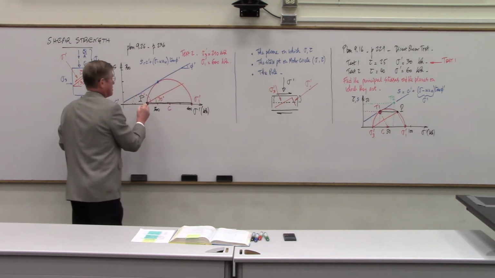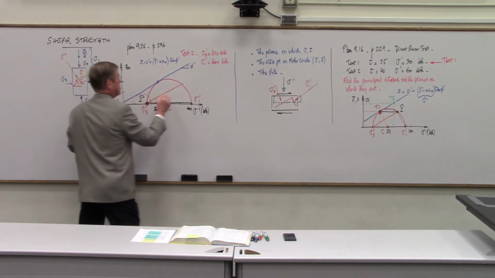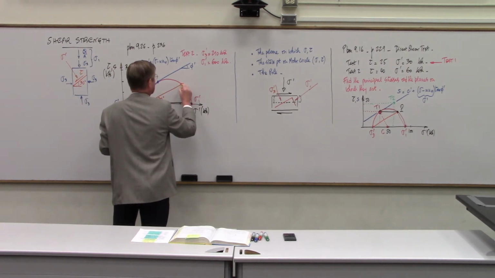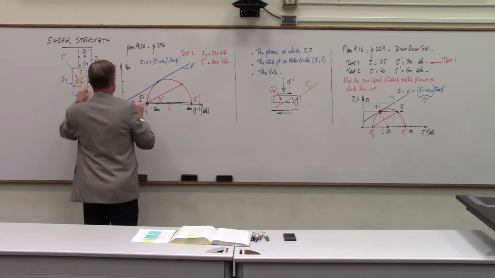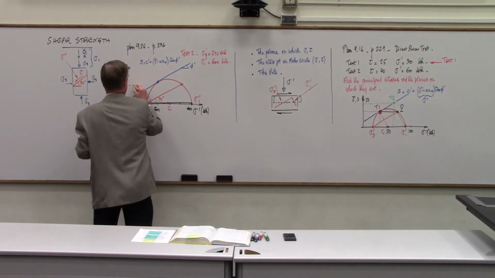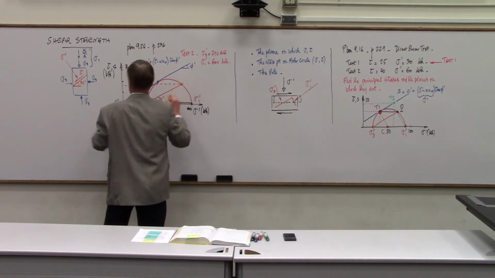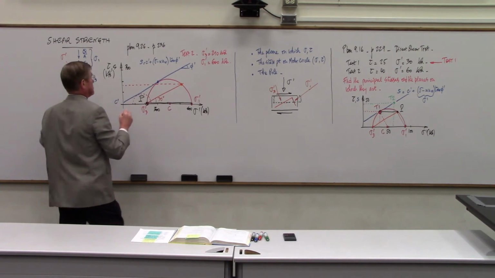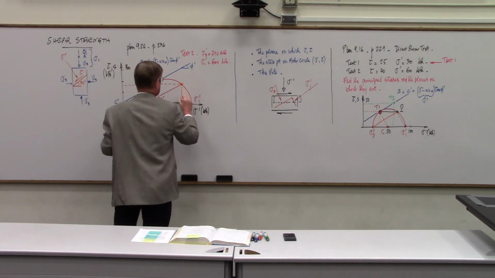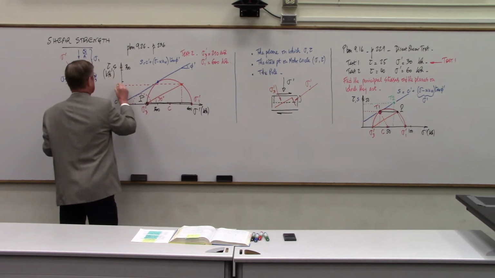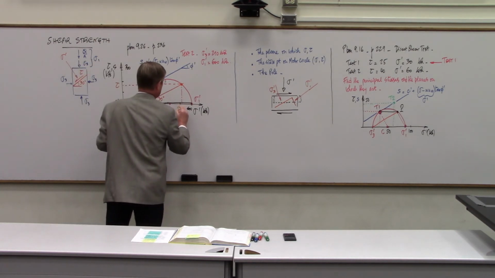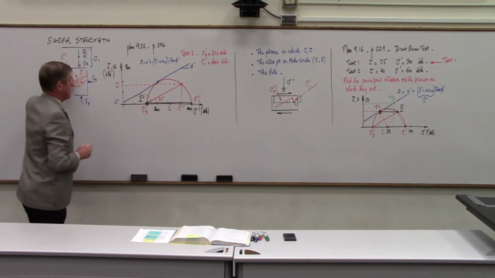That line intersects the circle at 2 points, the pole and the stress point. So the stresses that act on that particular plane, tau and sigma prime, are these stresses right here.